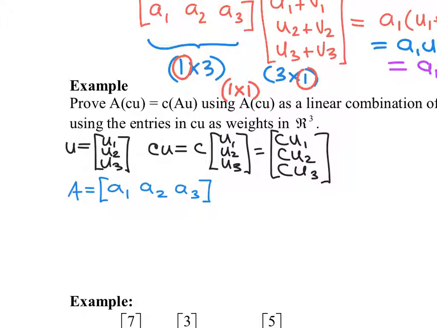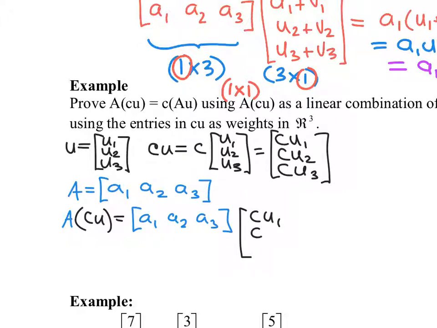So what I'm going to do now is find the product of A and CU. That's going to be the first row of A times CU1, CU2, and CU3. The product of the row and the column gives you the form of a linear combination, because we're multiplying the corresponding parts.